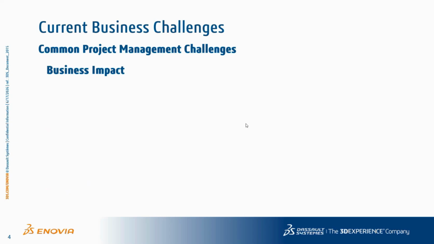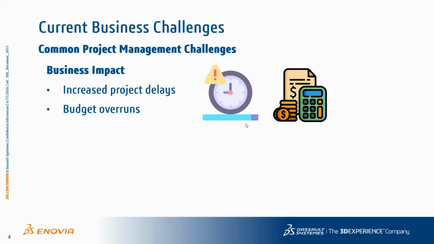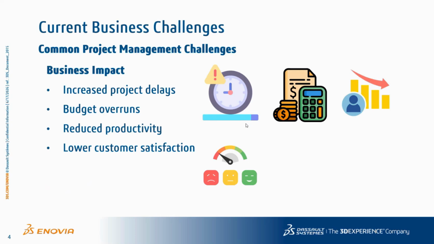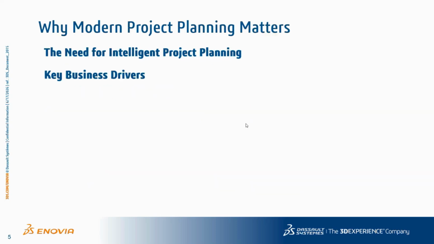So these are the business impacts of not having a good project management solution. There is increased project delays, budget overruns, your productivity goes down completely, your customer satisfaction is on the lower end, and there is a high operational risk. So these 5 aspects have a very big impact on your business.